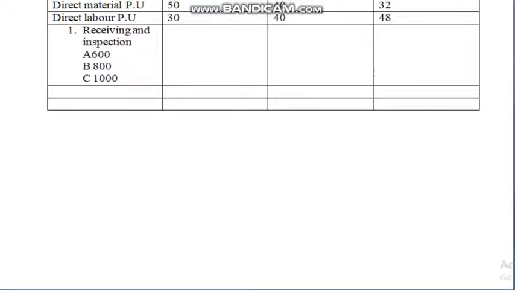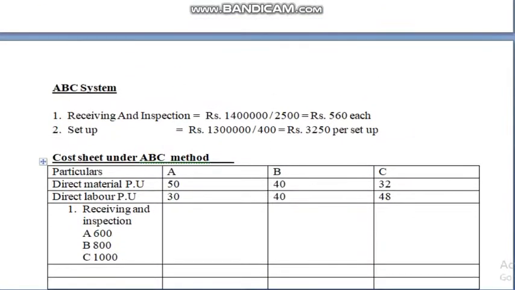Now what is the receiving and inspection rate? Rupees 560 each, so multiplied by 560.